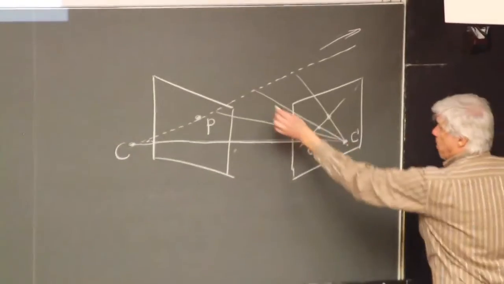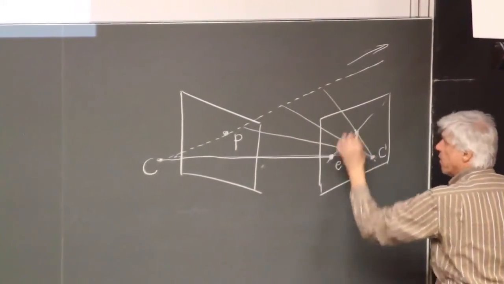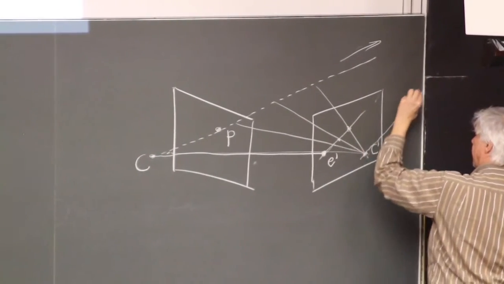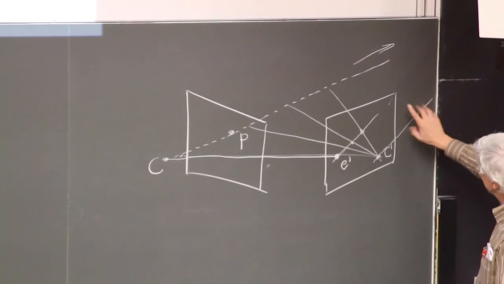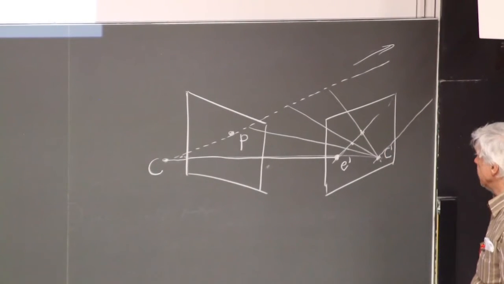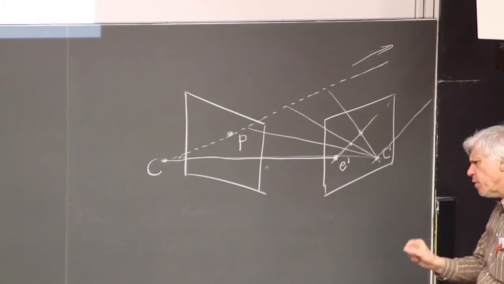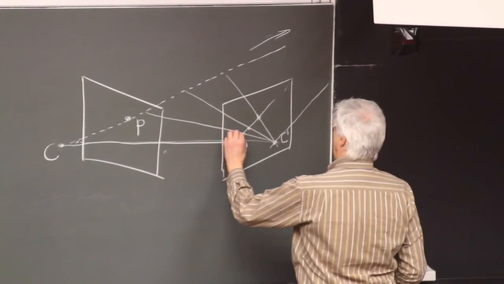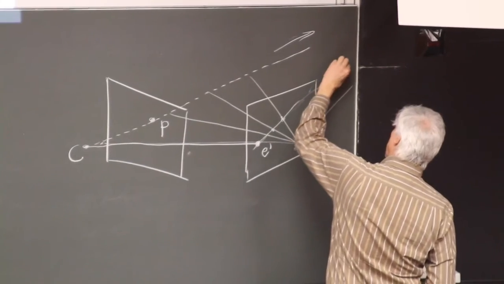If we draw that line parallel to this line, so here we have a line through that point parallel to that line, it's where this line intersects the second image plane that we have the first term, the projection of the vanishing point. And that may lie very far outside the physical image planes, the intersection of these two lines.